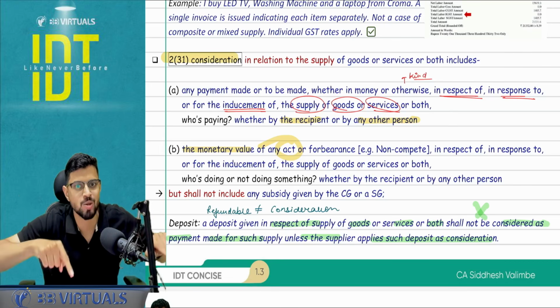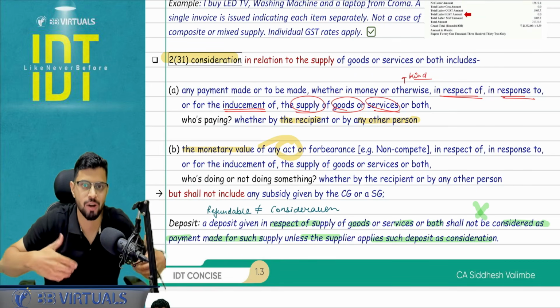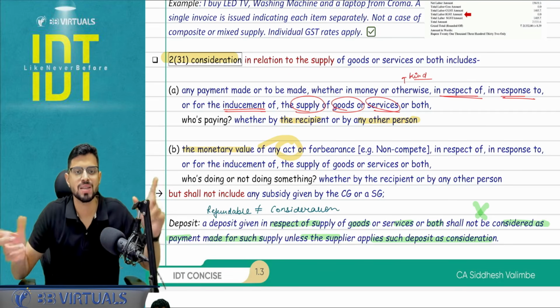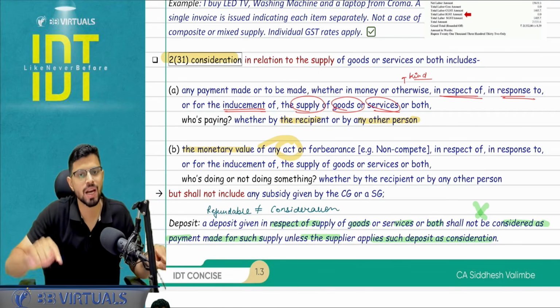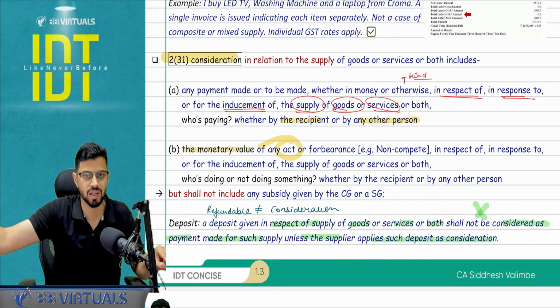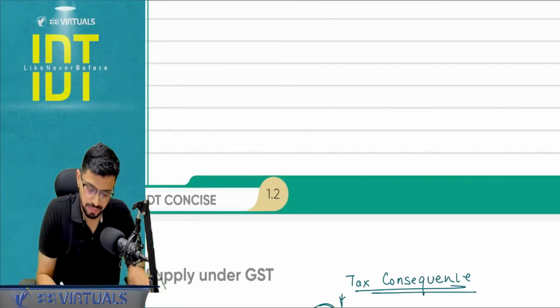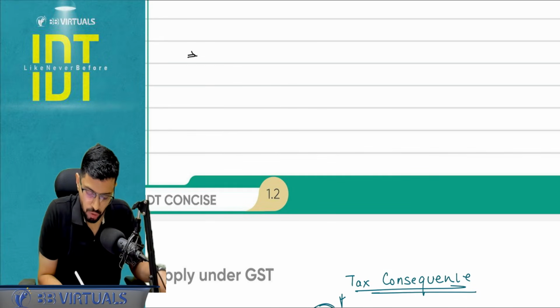Now consideration is using a term recipient. Now it's our duty to understand what is the meaning of recipient. If I had covered all the definitions yesterday, somewhere you might have felt lost. Now you understand what are the implications. Why are we studying the definitions? Okay. So now what is the meaning of recipient?